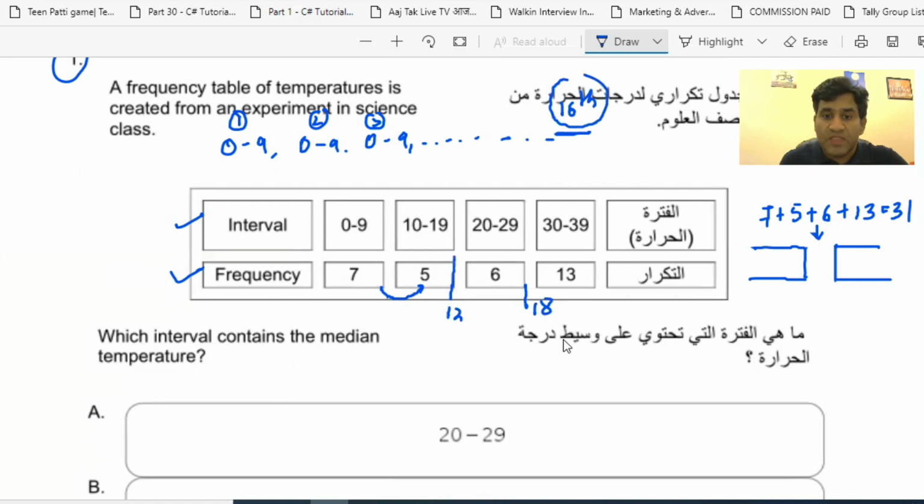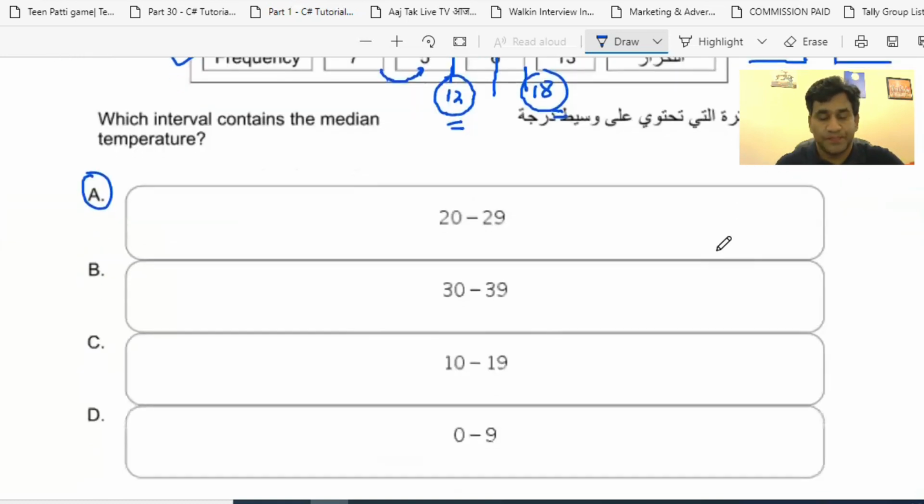What the frequency is telling us is that up to here I have completed the arrangement of 12 data points, and by here I have completed the arrangement of 18 data points. So the 16th position is between 12 and 18, and that belongs to this interval. The median temperature range is 20 to 29. So A is the right answer here. This is how you calculate.